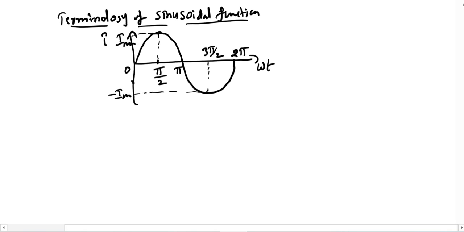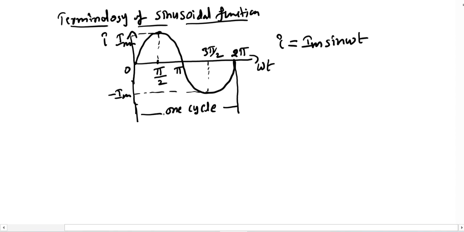If you write the equation for this AC quantity, then the instantaneous current i can be written as i equals Im sin omega t. Up to 2 pi radians, the sinusoidal signal starts from 0 radians, 0 degrees, goes through pi by 2, pi and 3 pi by 2, and up to 2 pi radians. So up to this point I can take it as one cycle.